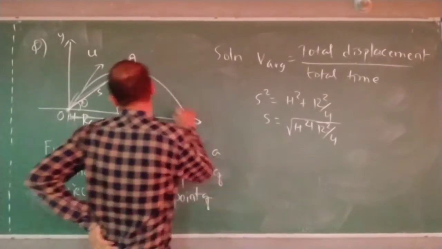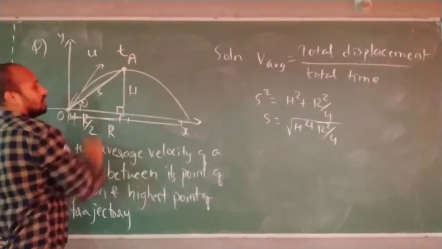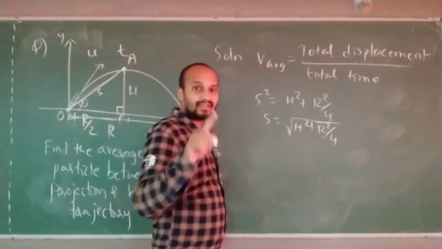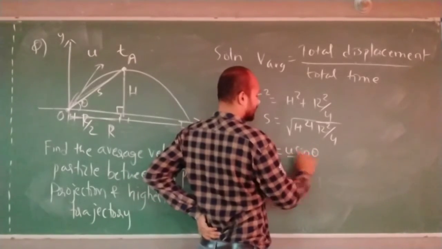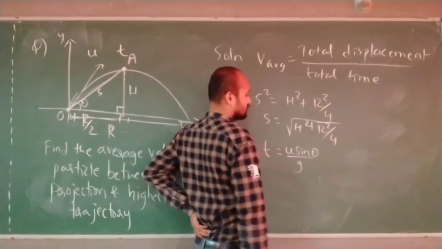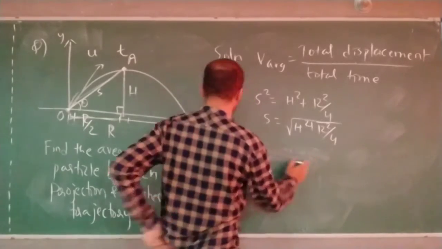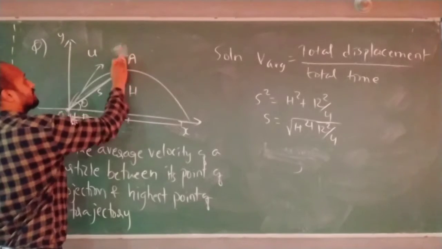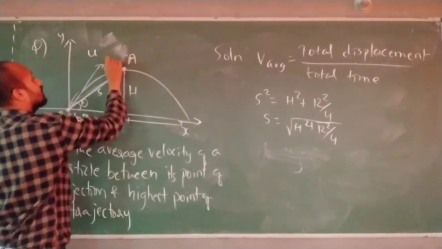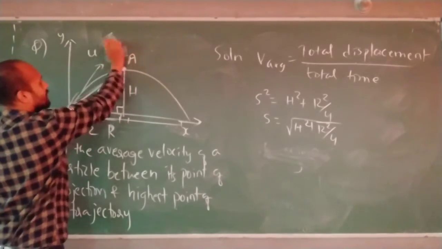Time taken to complete the half, time of ascent. If I take time taken as t, time of ascent t is equal to u sin theta divided by g.